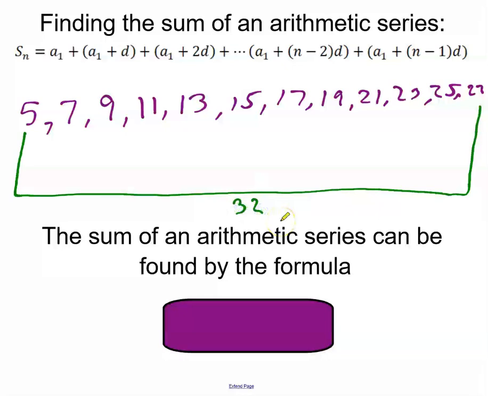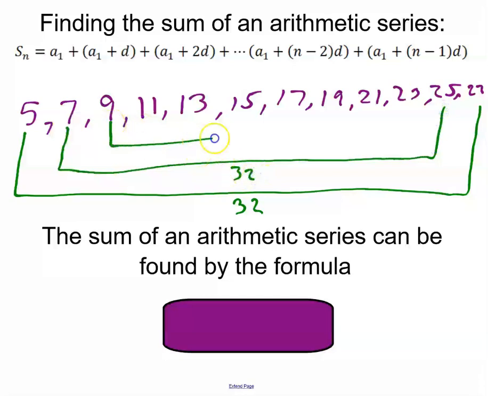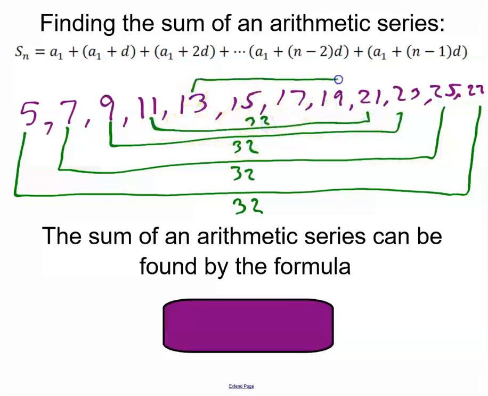Then, if you take the second number and the second to last number, 25 and 7, you get 32. Here we would get 9 and 23 is 32. 11 and 21 is also 32. 13 and 19 is 32.